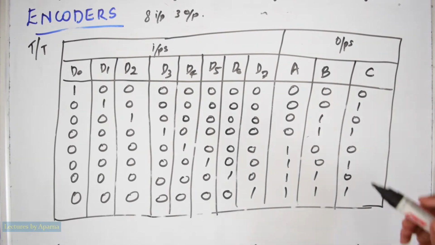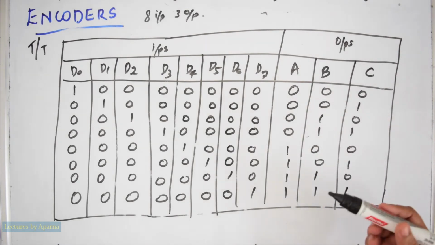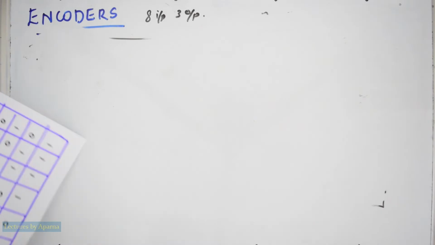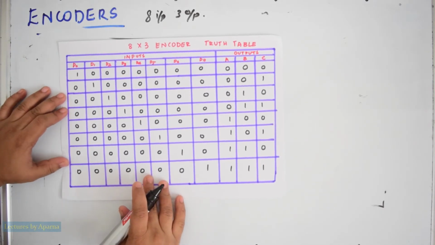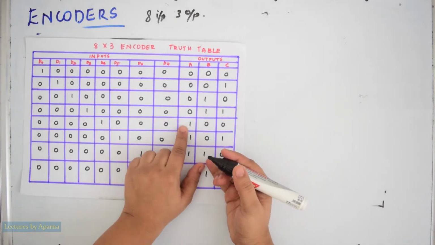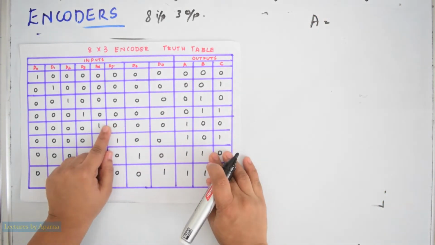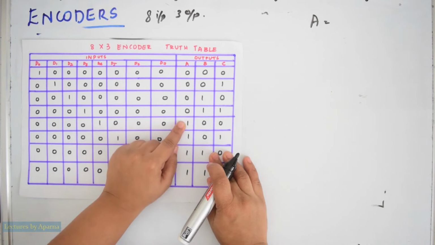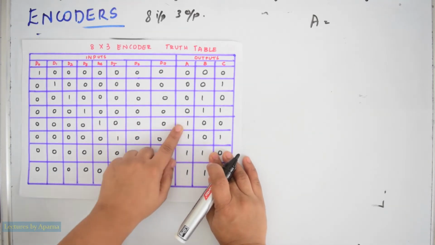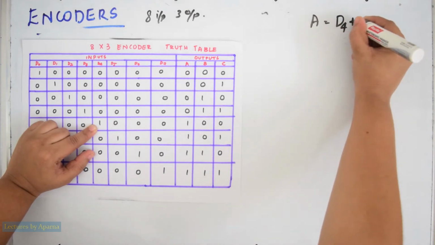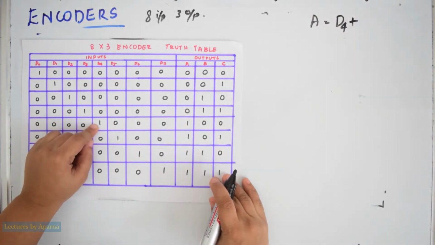Now I have to derive the equation and draw the logic diagram for this. Looking at this truth table, let's see what the equation for A is. In which cases does A become high? The first case is when D4 is high, so D4 plus.